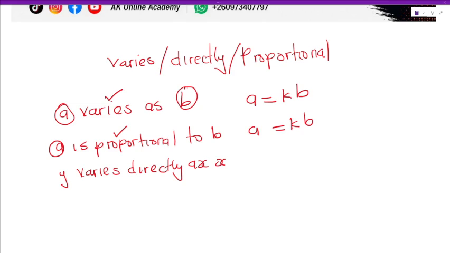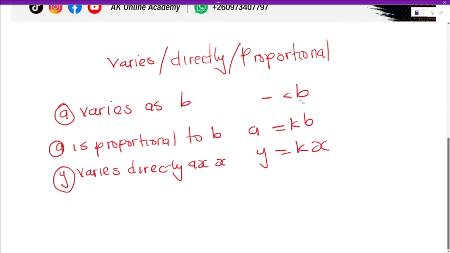We come to the last example. Given that Y, you write your Y, varies, equals, you add a K, as X, the X comes there. Now we try to advance them a little. Let's introduce another special word, which is inversely. So now let's say they add something else.